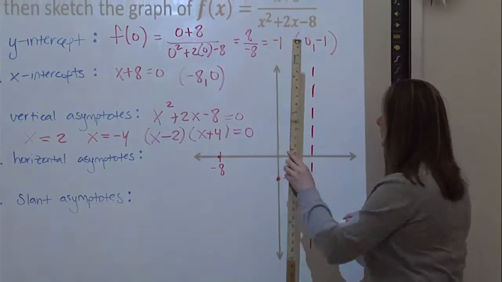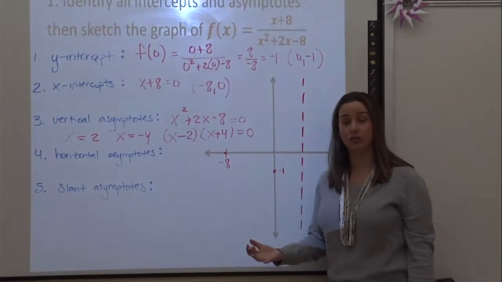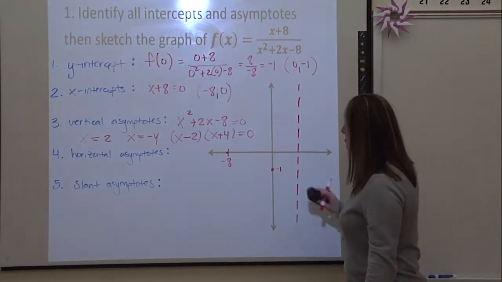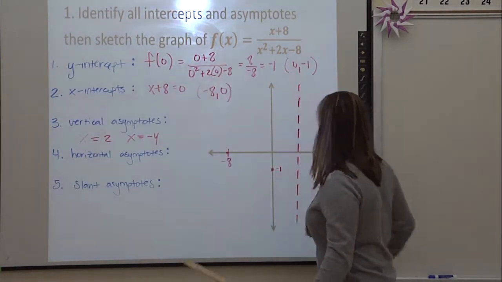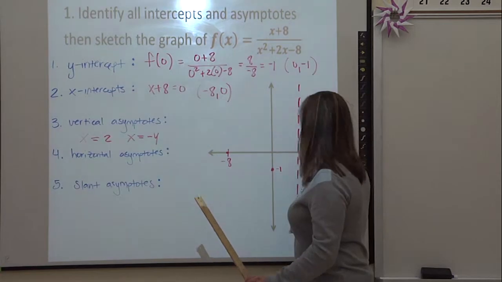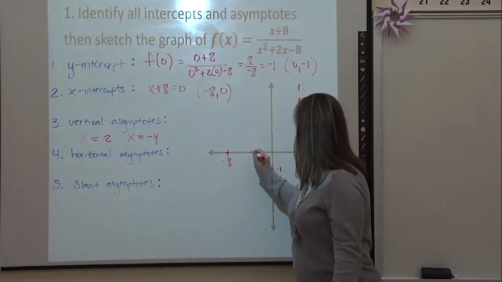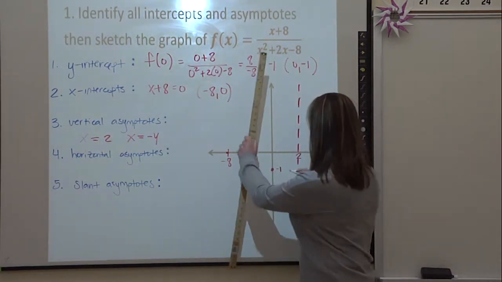When I draw in asymptotes, I do want them to be dashed lines. This is x equals 2, and I'm going to have x equals negative 4 right here.